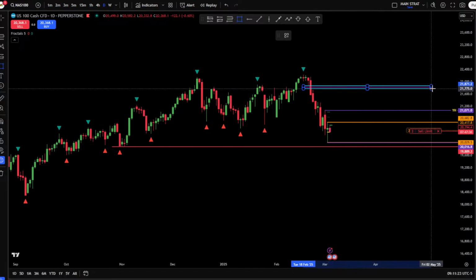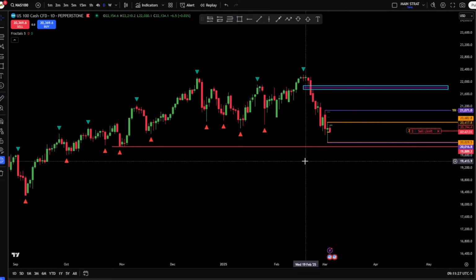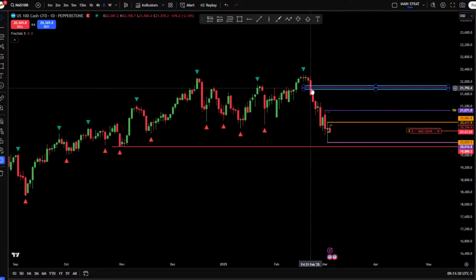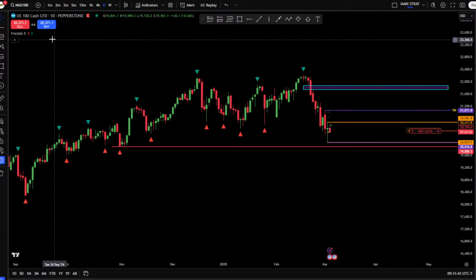Probably up into that fair value gap, fill that in, and then we'll see where it wants to go after that. I have conviction that it's going to be reaching up for these levels for the rest of the week, and possibly until next week too.